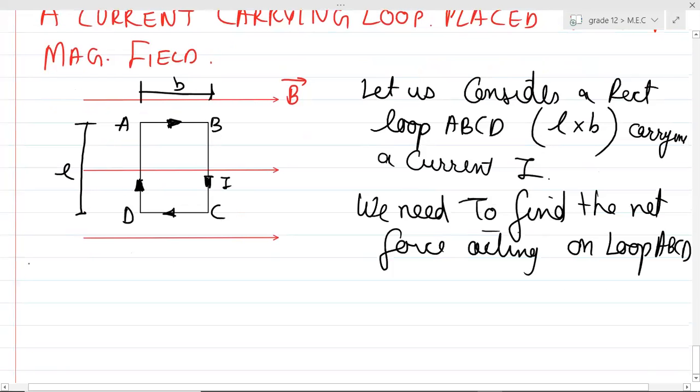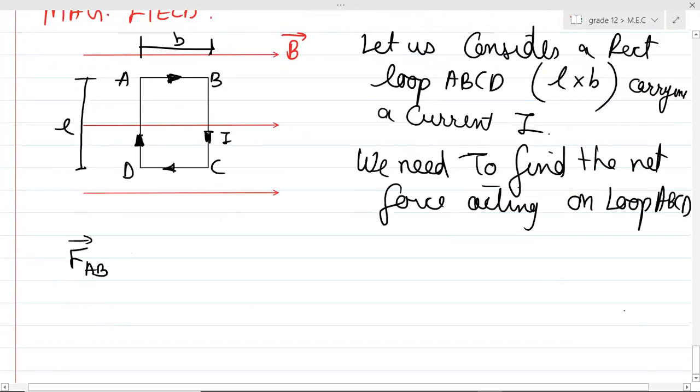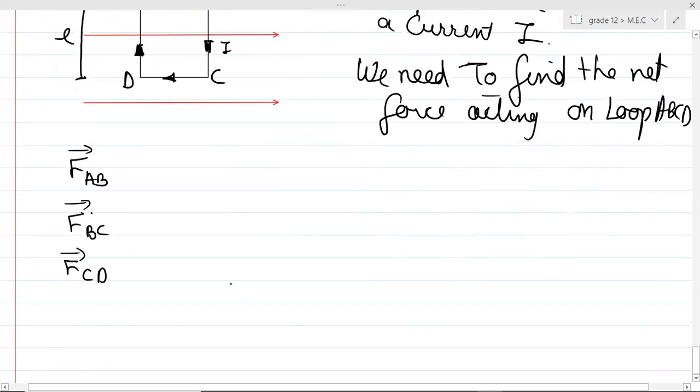For that, I'll try to find the force acting on the individual parts, and then just add them vectorially. The force acting on AB, force acting on BC, force acting on CD, and force acting on DA. Now, see this thing, guys.